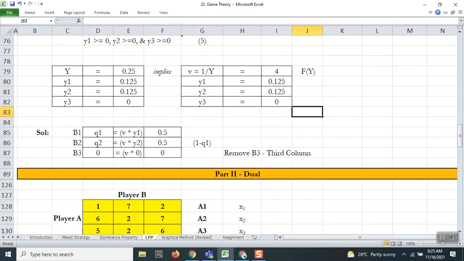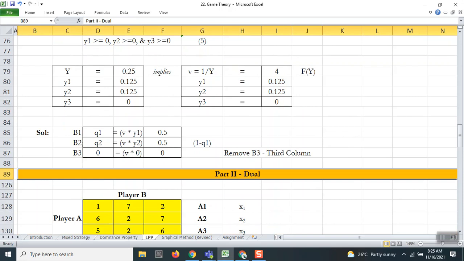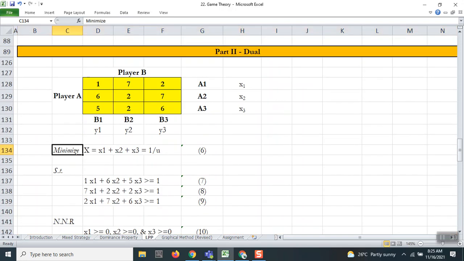Then we find the dual of the corresponding primal. The dual will be a minimization case, and instead of y1, y2, and y3, we take x1, x2, and x3, and that equals 1 by u, which is also the value of the game. Then we have 1 x1 plus 6 x2 plus 5 x3, which in this case is greater than or equal to 1.